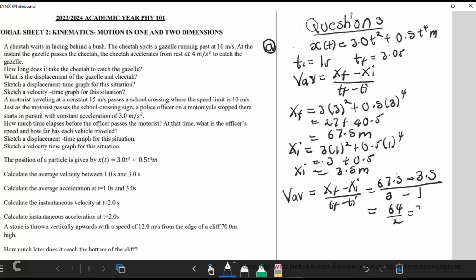Then your average velocity is 32 meters per second. So this is how you calculate your average velocity.